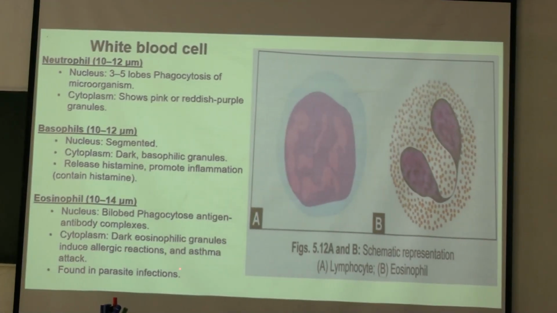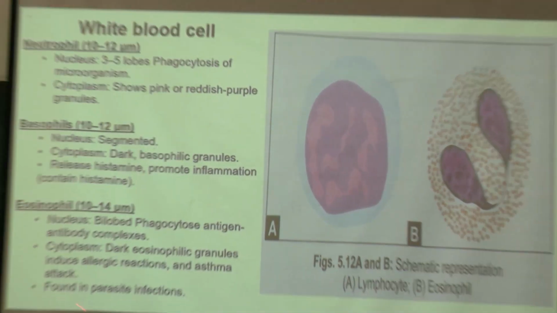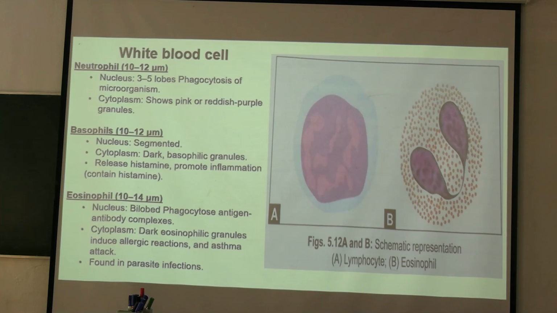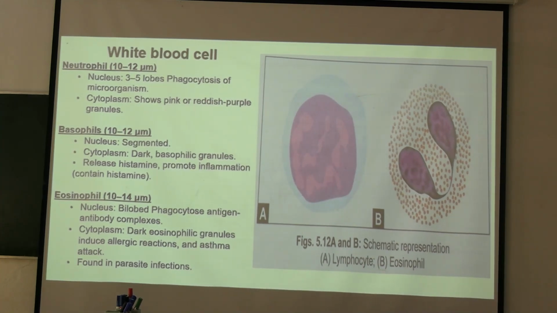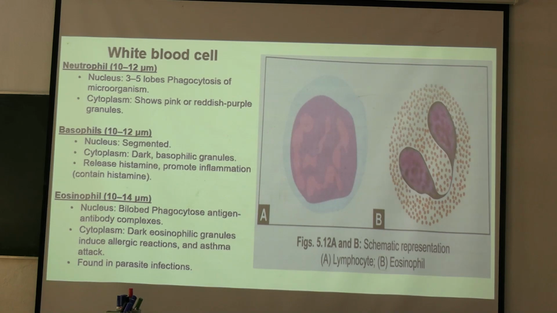They induce allergic reactions and asthma attacks, and are found in parasite infections. Okay, in parasitic infection, the number of eosinophils increases in our blood. Generally, 0 to 1 eosinophil is present in a normal blood differential count. But if there is an allergic reaction, asthma attack or parasite infection, the number increases.